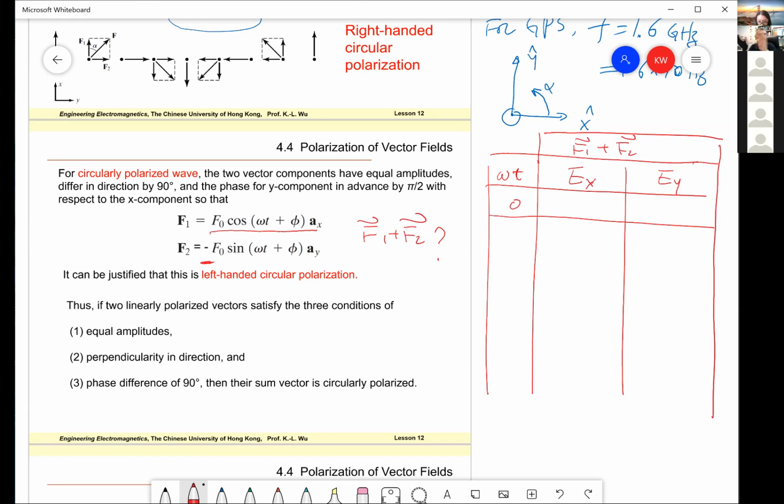So I combine the two waves, because this is a vector. Then what is the X component? What is the Y component?